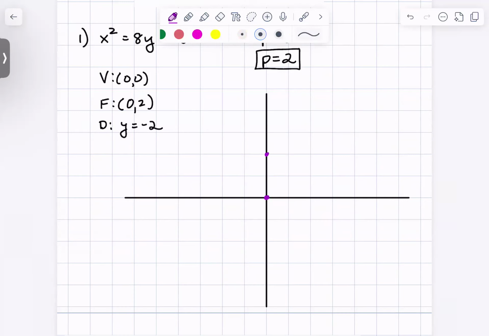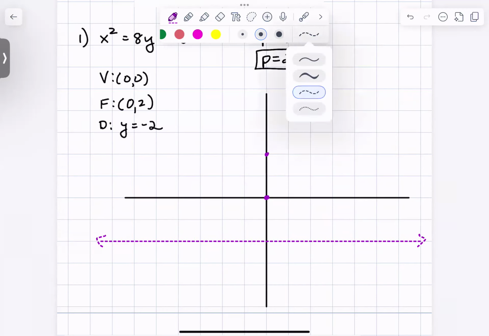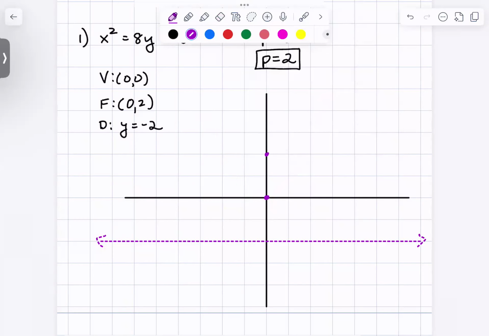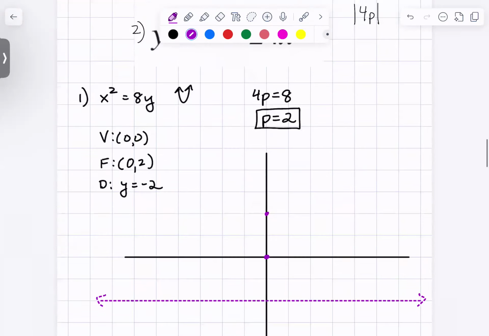And your directrix is going to be at -2. Right? And you also know that it's going to go up this way.